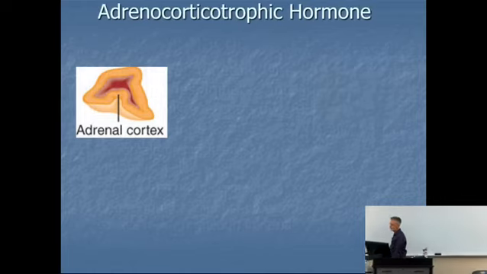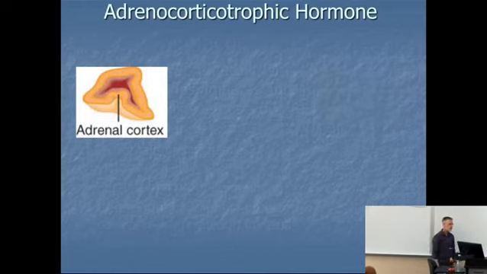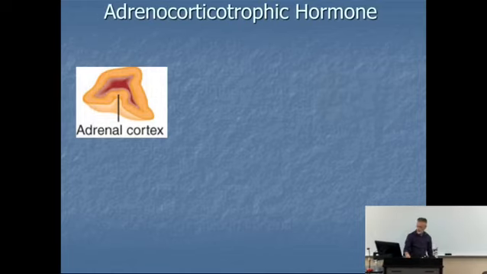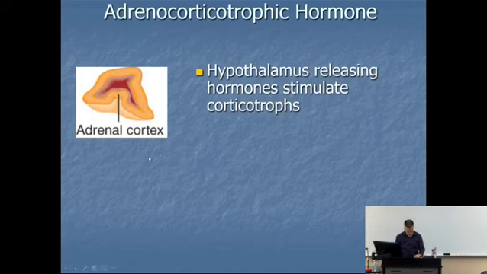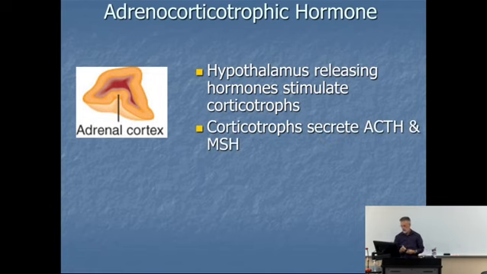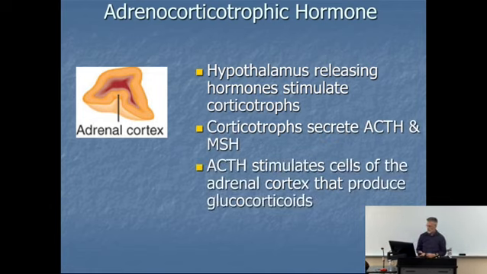Okay. This is another tropic hormone. This one is adrenocorticotropic hormone. And this one goes down to the adrenal gland and tells the cortex to release its hormone. So this one is a tropic hormone, and it tells it to release hormones like cortisol.